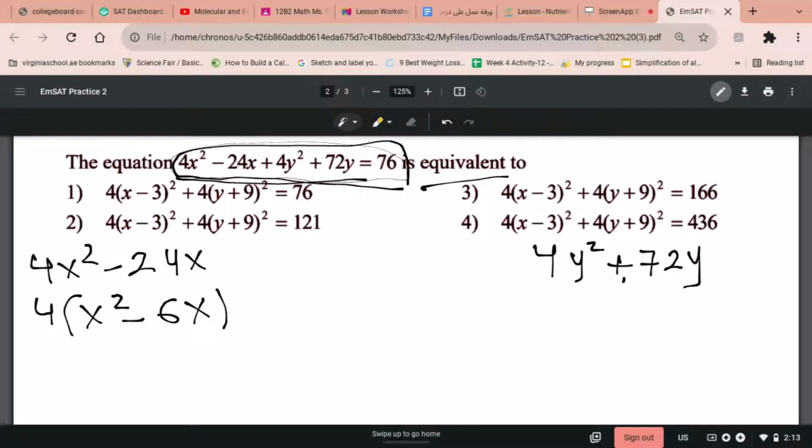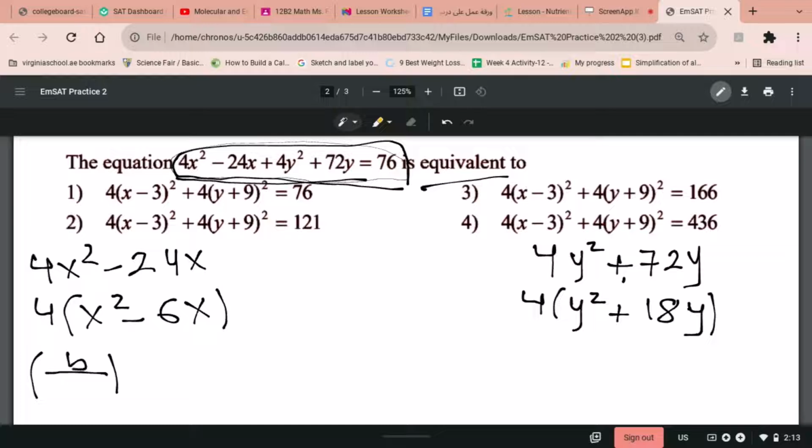And for this one, we take the common factor as well. Then 4 is out, y squared plus 72 over 4, which is 18y. So we use the rule for completing the square, which is (b over 2) squared.